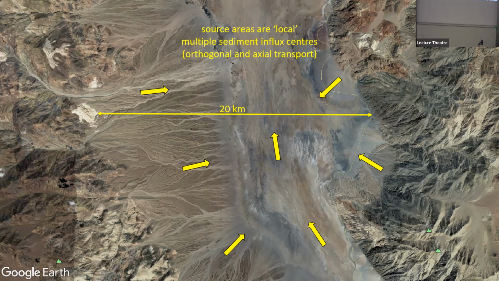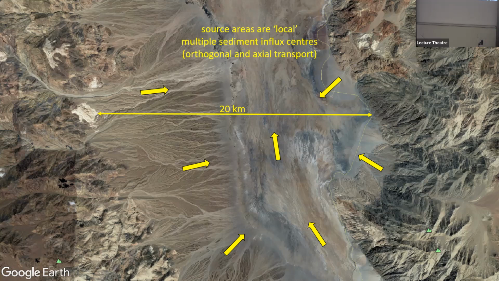In this case, what we see in terms of the sediment feed into these basins is, as it says there, the sources are fairly local. Everything is constrained. You're coming off the rising footwall and the hanging wall, excuse me. Multiple feeds, it's all orthogonal and axial flows.